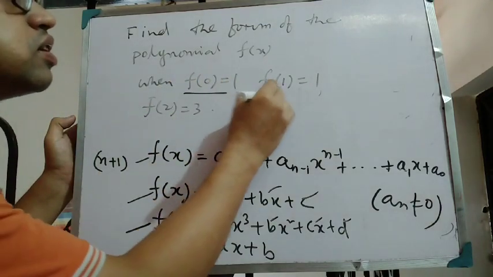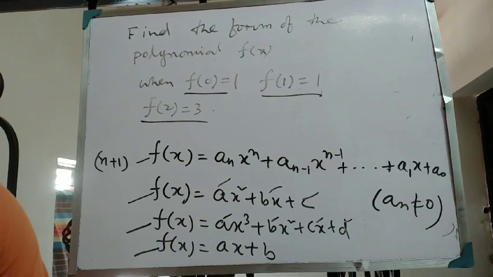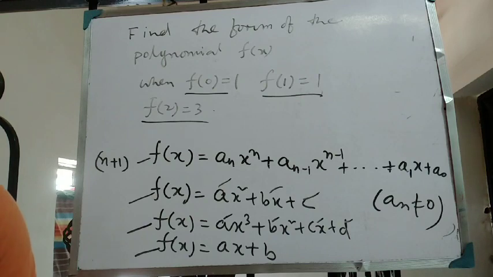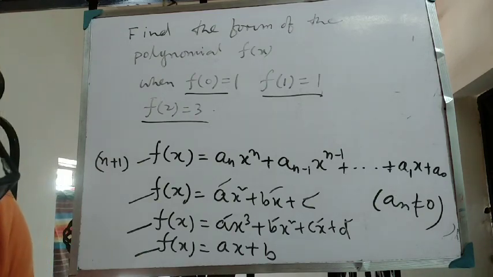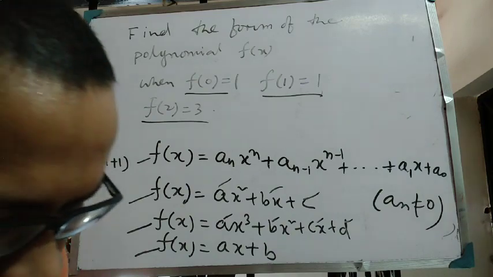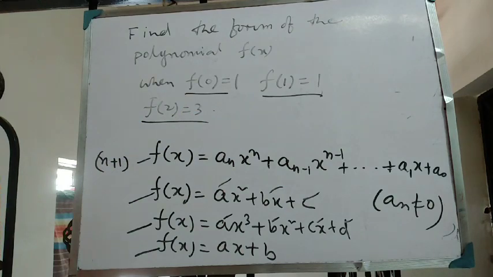Now in the given question you are given 3 equations, and you know that the number of equations equals the number of unknowns. So that is why using this information you are able to find the three unknowns.